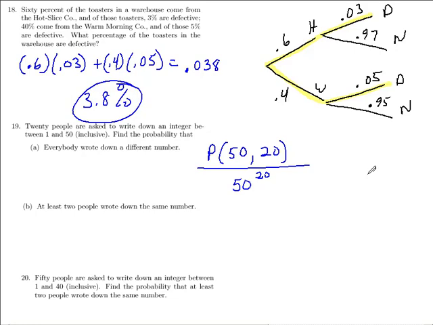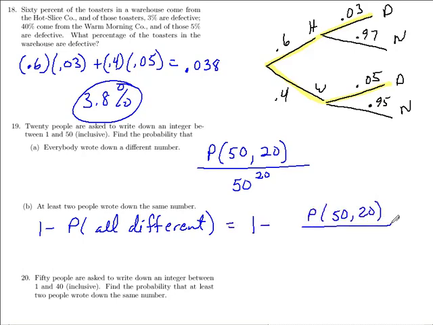You could have pairs of 2s, or 3 of these 3 people, these 4 people, those 5 people. In other words, that makes this hard. So really the best way to work this problem is 1 minus the probability that they're all different. So 1 minus the permutation 50 choose 20 over 50 to the 20th power.